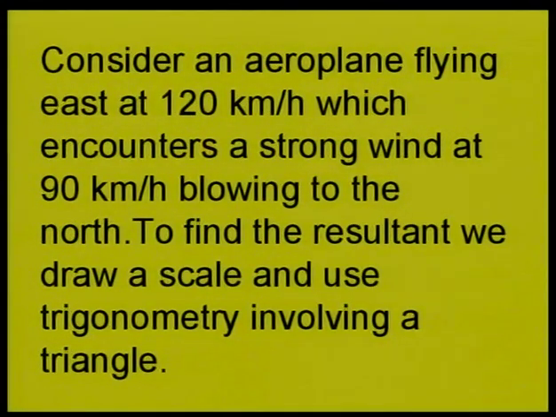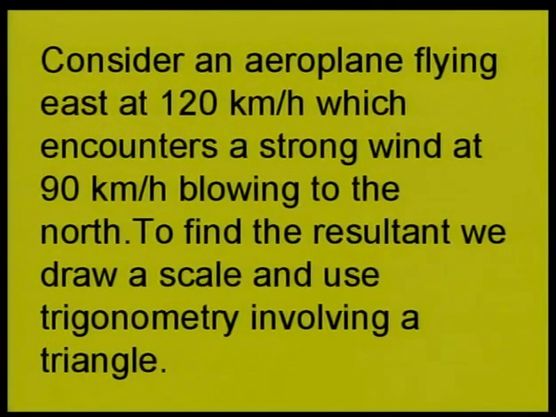Velocity is also a vector. It encounters a strong wind at 90 kilometers per hour blowing to the north. To find the resultant, we have to draw a scale diagram and use trigonometry involving a triangle.